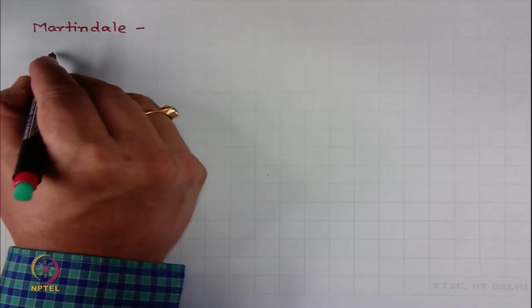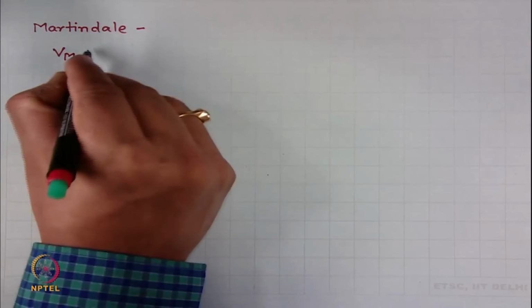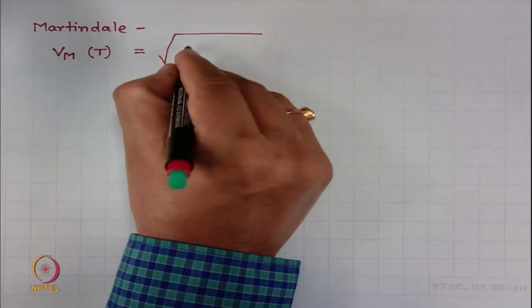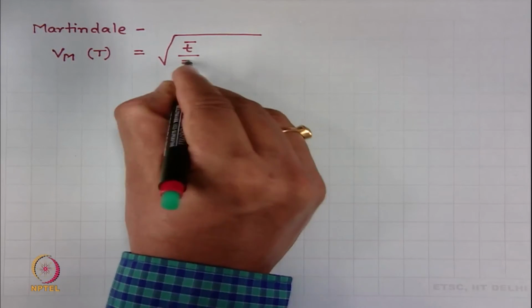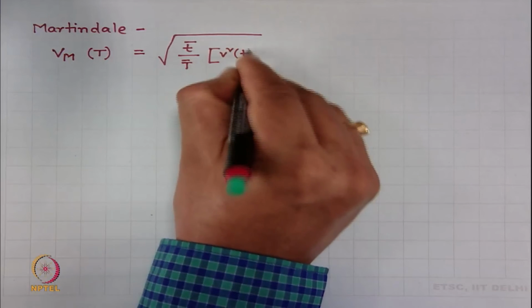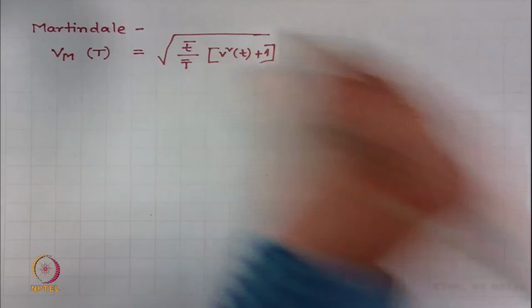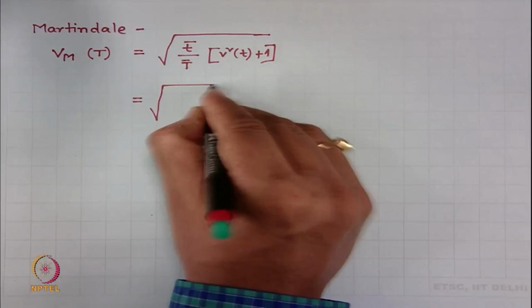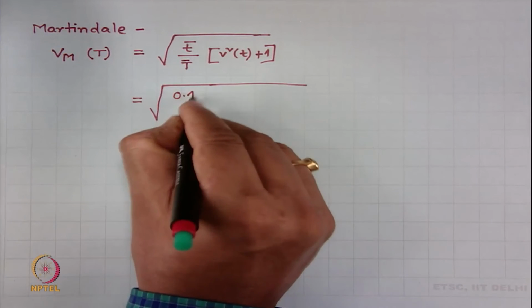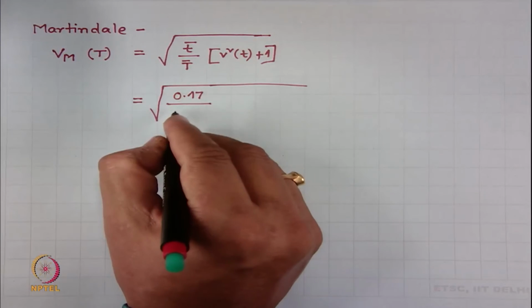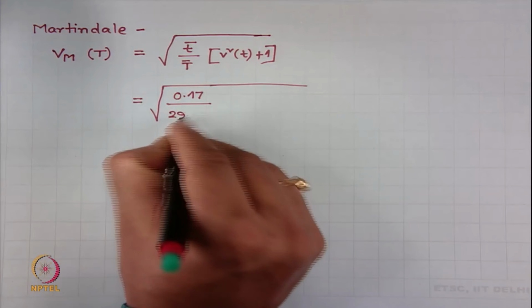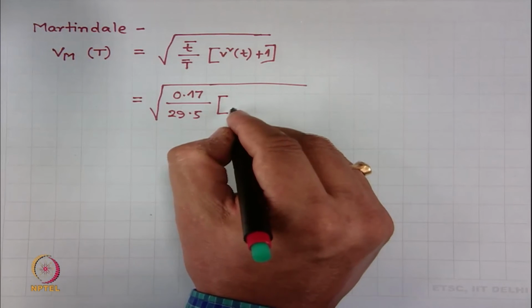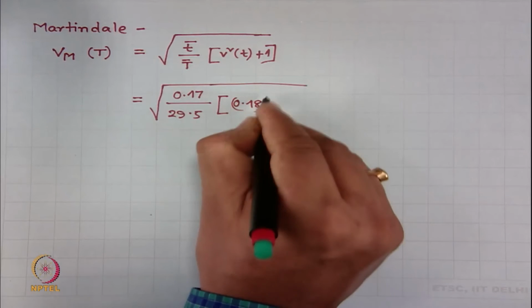Martindale's formula, as we know, right. So, fiber fineness is 0.17 ktex and yarn fineness 29.5 ktex and your CV was 0.18 plus 1.